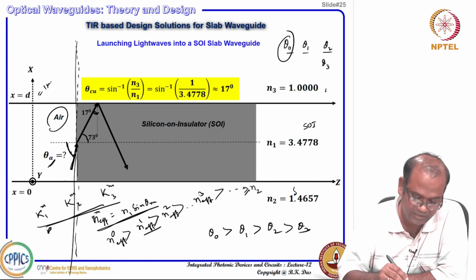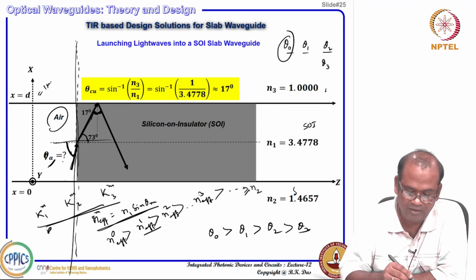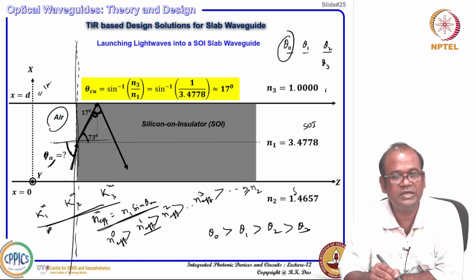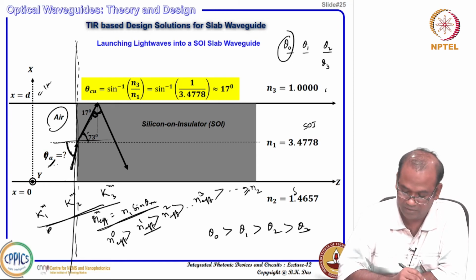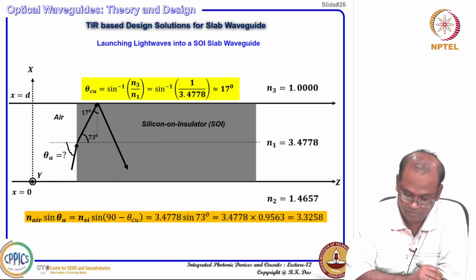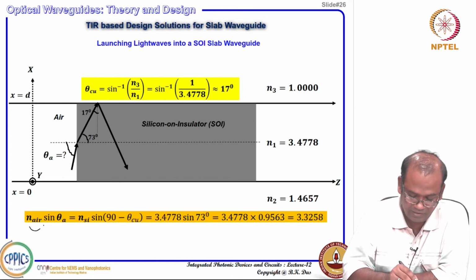So, you are making an incident here, this is your interface, this is your normal and this is incident wave and this is your transmitted wave. So, here angle is theta A and if it is 17 degree critical angle, this one only, then this one will be 73 degree and here it is N1 and it is air, right. So, what I can do, I can use Snell's law.